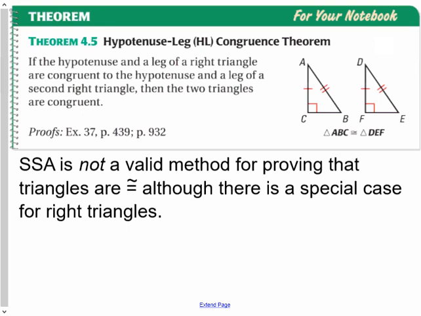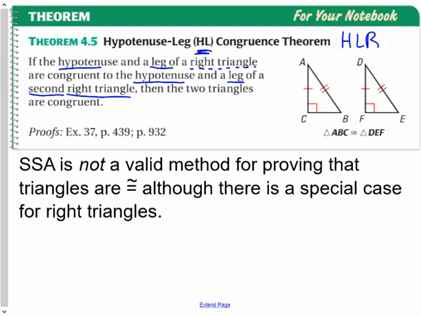It sounds like we only need 2 pieces. However, we actually need 3. So I'm going to call this HLR theorem. And then I'm saying hypotenuse and leg only exist in a right triangle. So we need hypotenuse and leg of a right triangle and hypotenuse and leg of the other right triangle. And then the triangles are congruent.